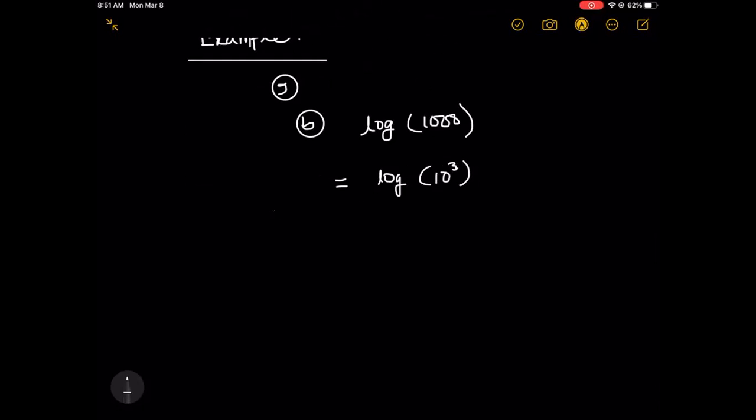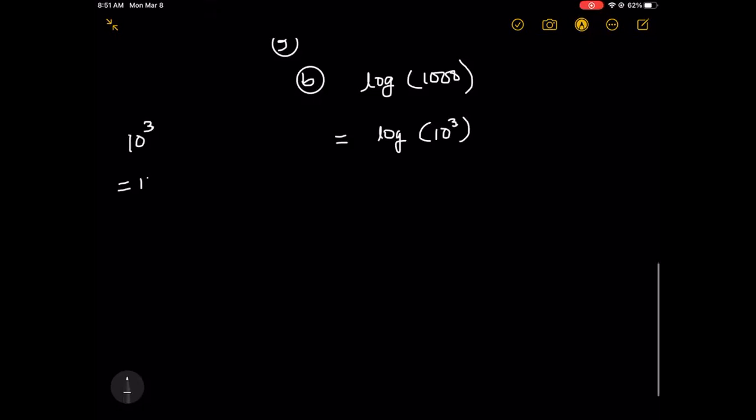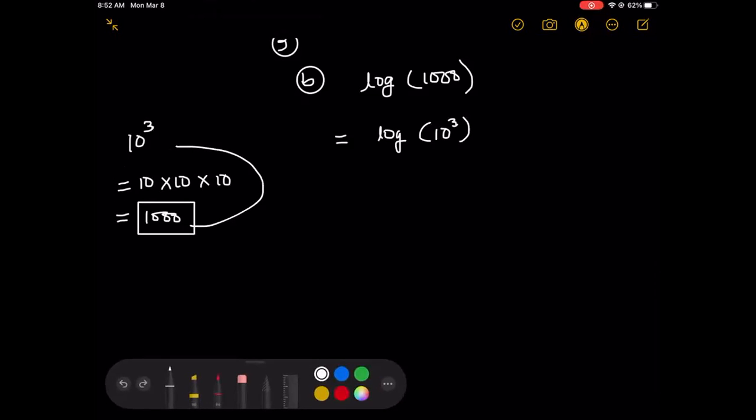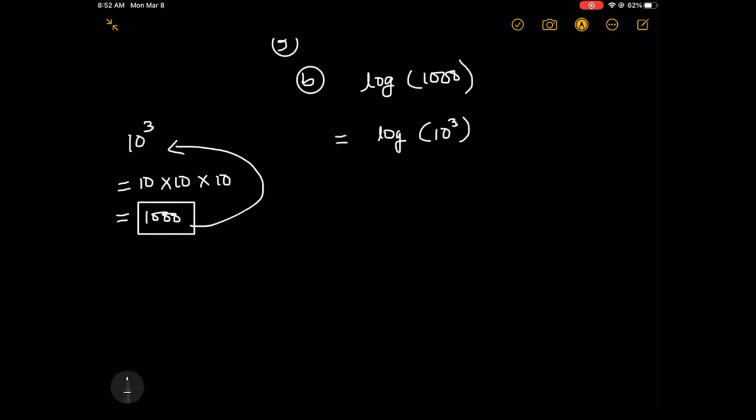If you're wondering how, 10 cubed is basically multiplying 10 three times, right? So 10 times 10 times 10, which is equivalent to 1000. So we can rewrite this 1000 as 10 cubed, right?